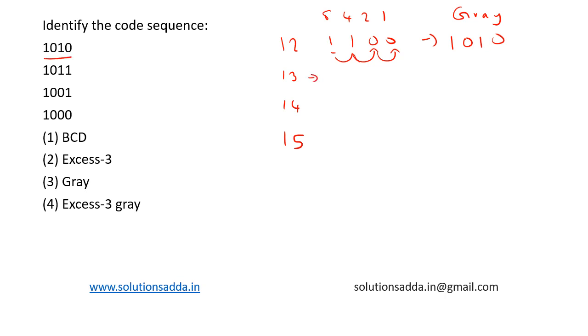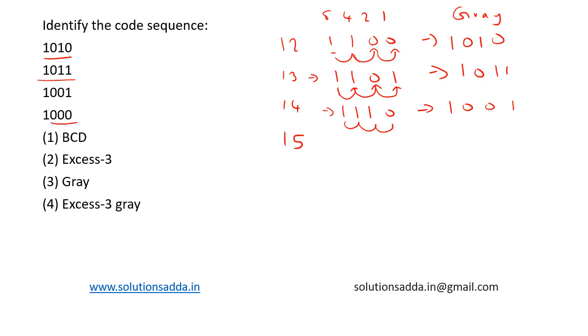Now 13 is 1101. We keep 1 as it is, 1 XOR 1 is 0, 1 XOR 0 is 1, 0 XOR 1 is 1. So this is the second number. 14 is 1110. We keep the MSB as such, 1 XOR 1 is 0, 1 XOR 1 is 0, 1 XOR 0 is 1.